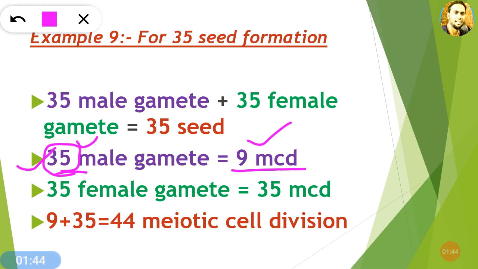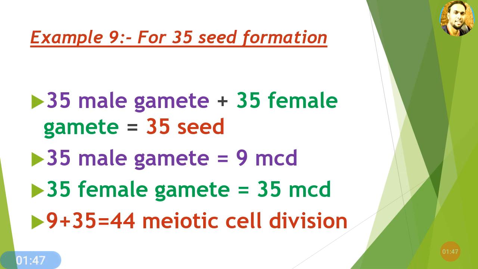So for 35 male gametes, 9 meiotic cell divisions are needed. That's why 9 is here.